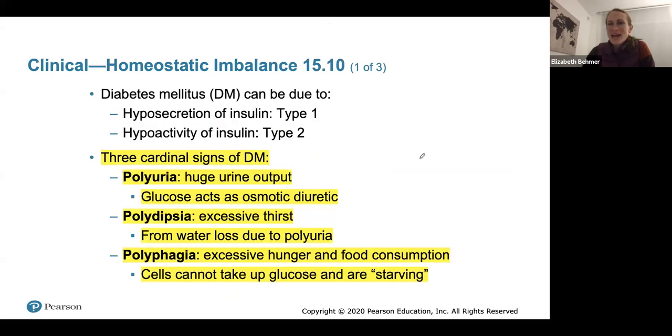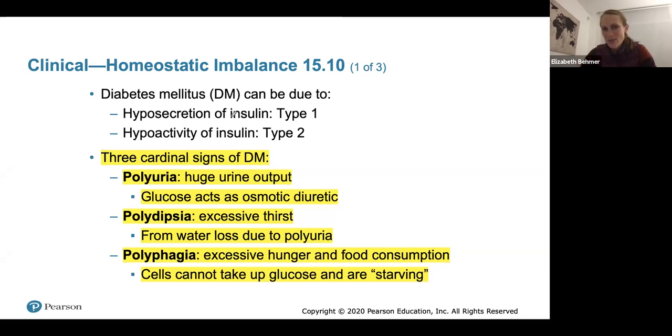So here is diabetes mellitus, and you should know well the type 1 and type 2 and what they mean. It can be due to hyposecretion of insulin. So in type 1 diabetes, the beta cells of the pancreas itself, there's something wrong with them. They cannot secrete adequate insulin.